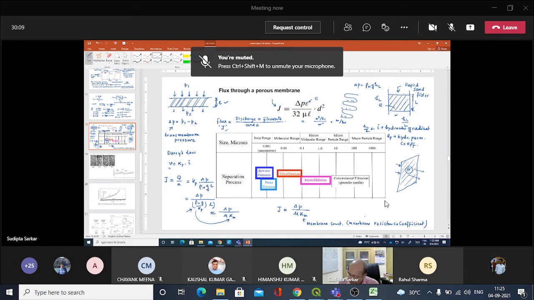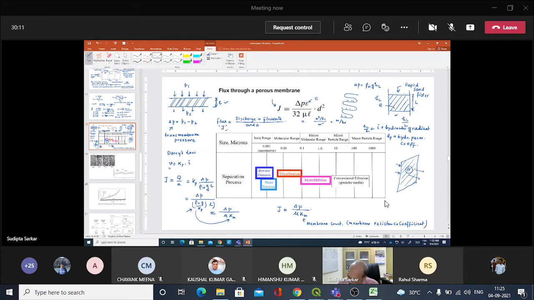Okay, and so you can understand, this is delta P mu by Km, and if you see here, for a particular medium, mu by Km is nothing but a constant.